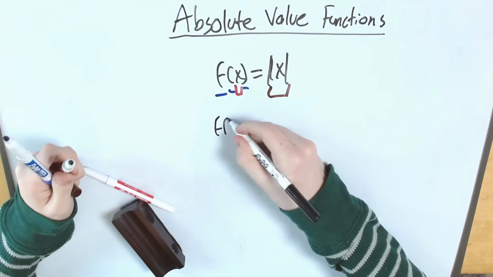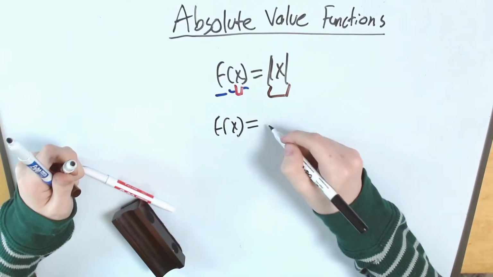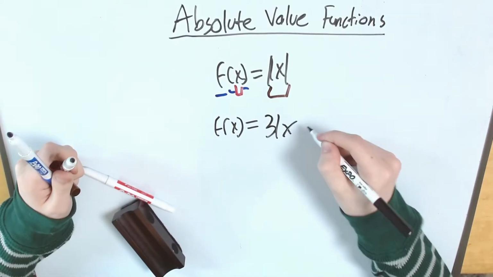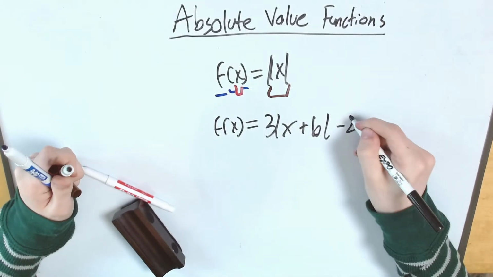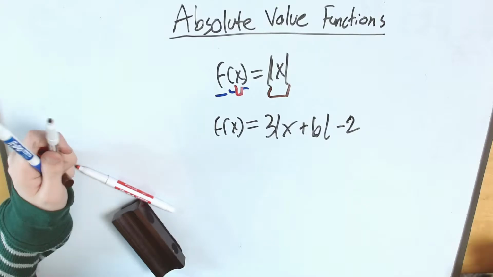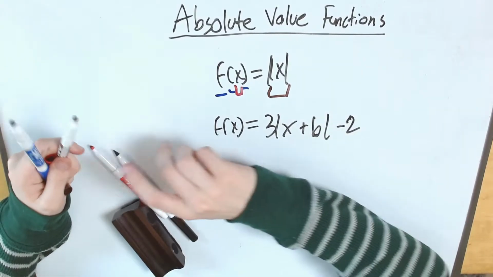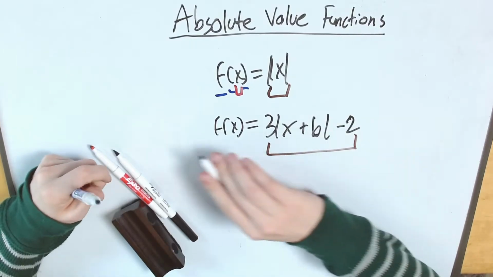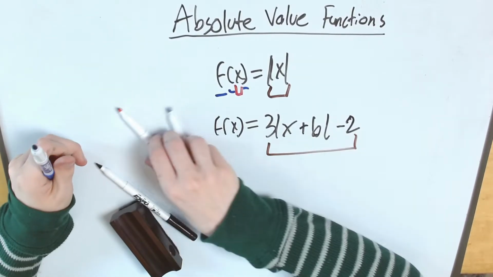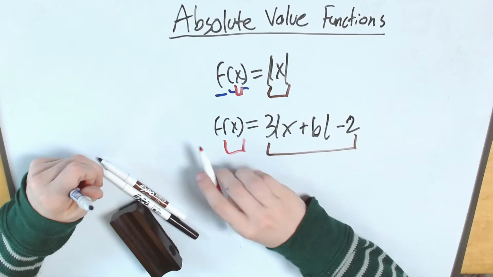We can have something like f of x equals 3 times absolute value of x plus 6, minus 2. Pretty complicated, but that still is an absolute value function. This is just a long series of instructions that tells me what to do for every single input x.